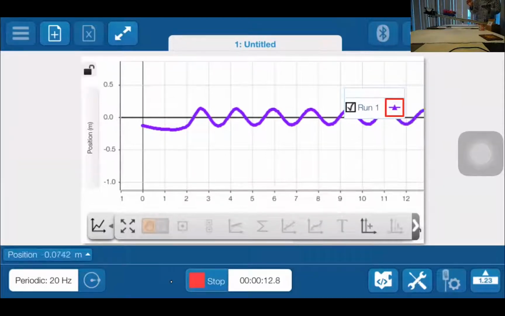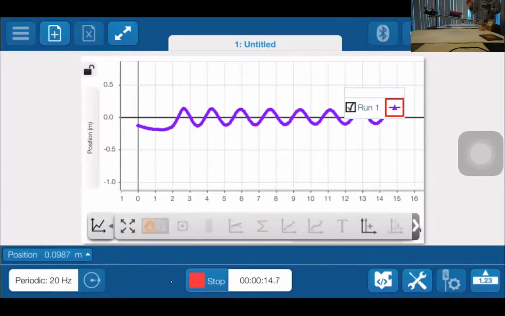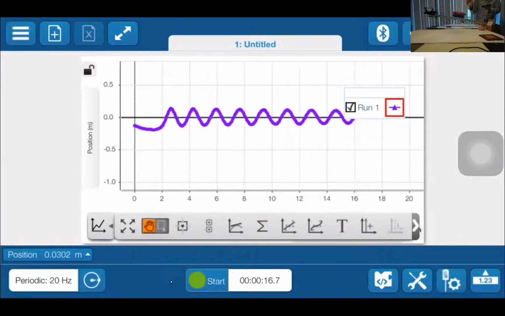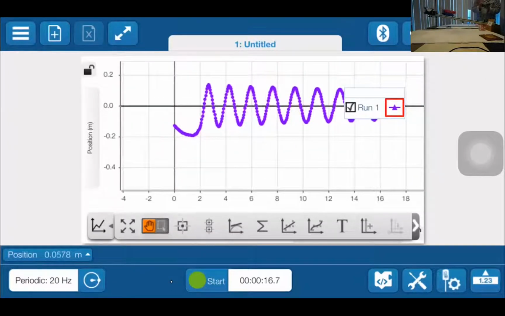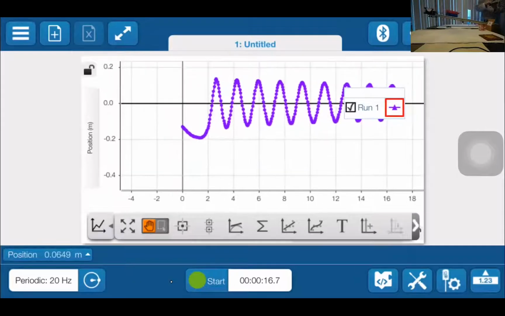All right, so you can see this is a position time graph in real time. And you can already see this is a wave. So let's take a closer look at this data. It has a lot of interesting stuff to talk about. There's a lot of fascinating features.